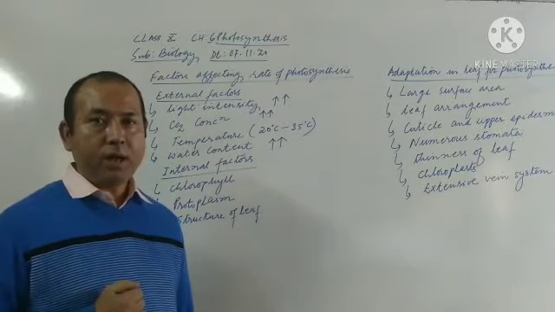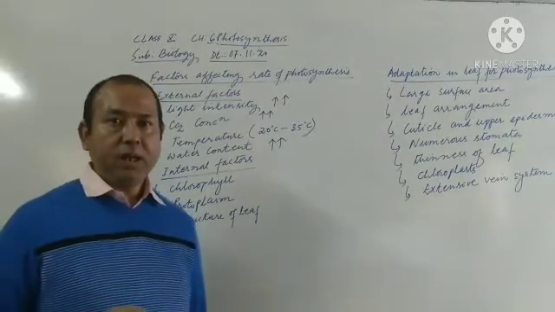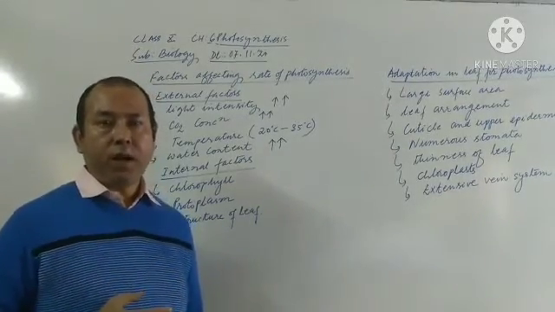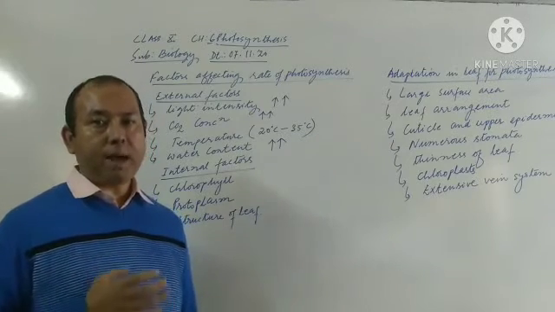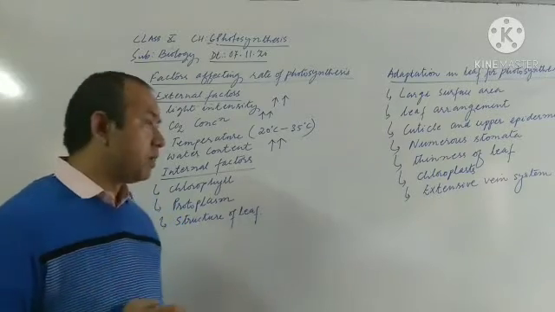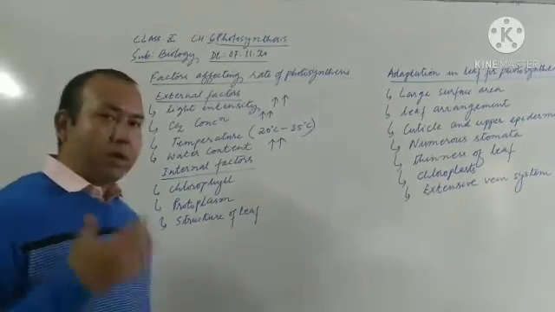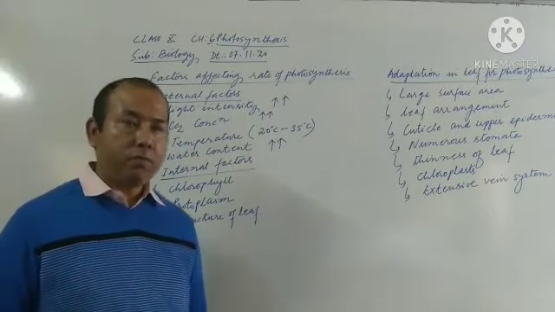If, due to some nutritional deficiency, a lesser number of chlorophyll pigments are present in the leaves, then the rate of photosynthesis may decrease. More the number of chlorophyll pigments in the leaves, more will be the rate of photosynthesis.